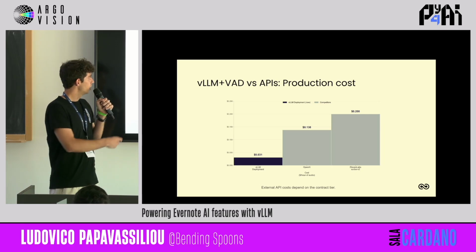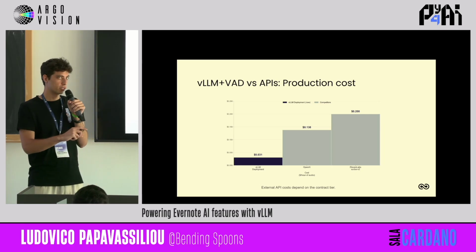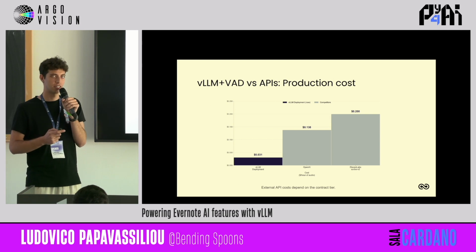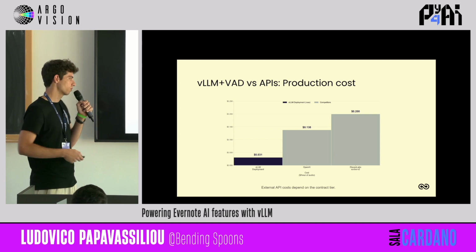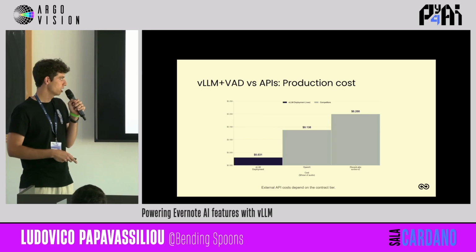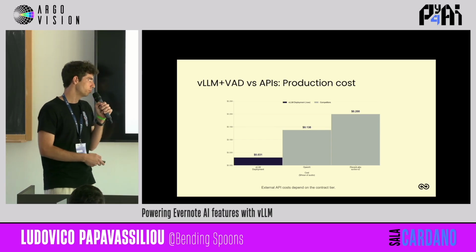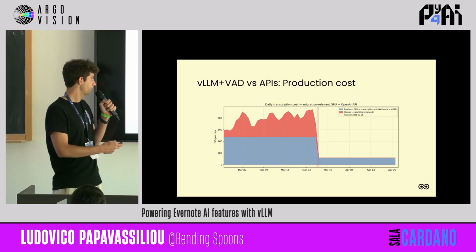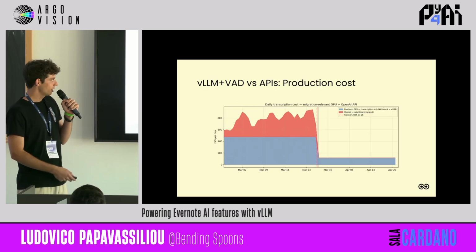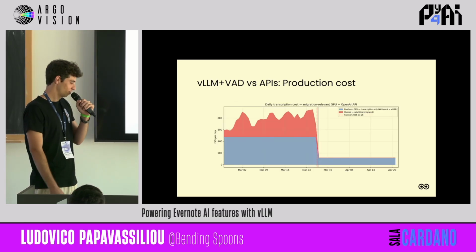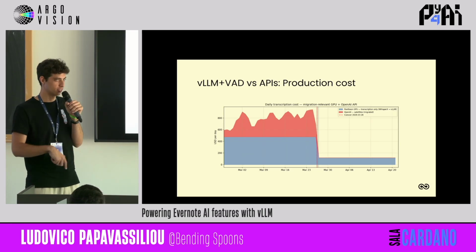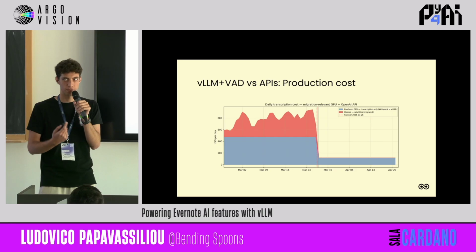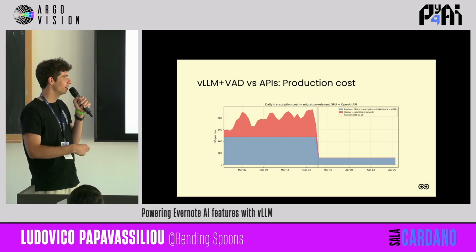Then, okay, here is the comparison between the deployment cost and costs for external APIs. It depends on the contract, the cost with external providers, of course. So these are just rough numbers, but it's definitely cheaper, like 7 to 10 times cheaper. Here's the more satisfying moment of the project, which is when you see the infrastructure costs decrease because you're using GPUs way better with vLLM, and all the API costs going away.